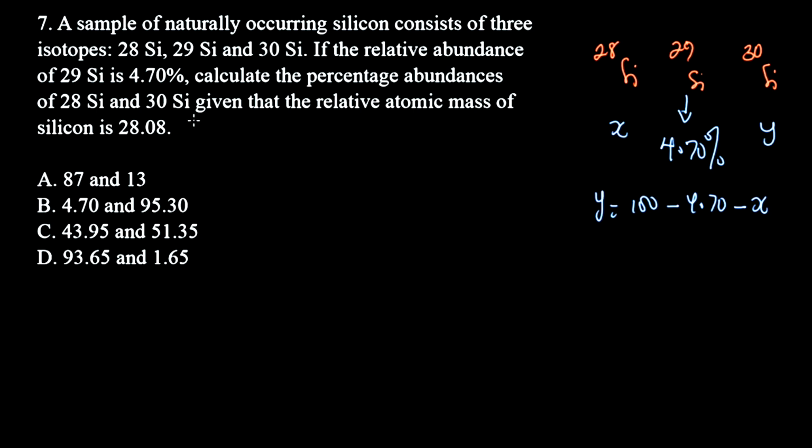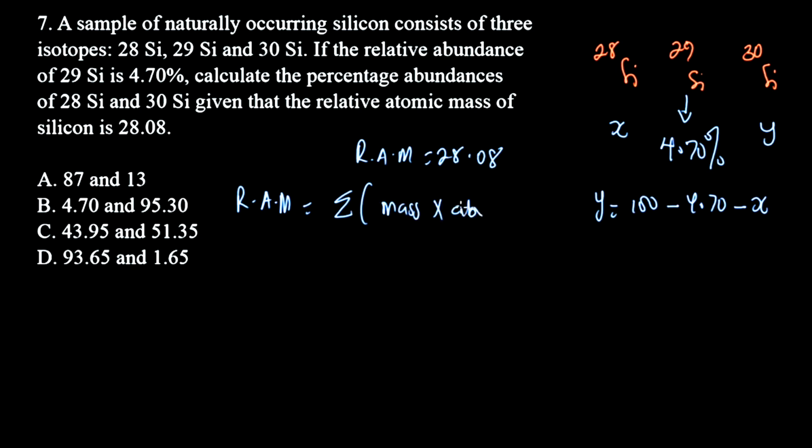We're given that the relative atomic mass of silicon is 28.08. Relative atomic mass equals the summation of mass times abundance over the summation of abundance, which is 100%.